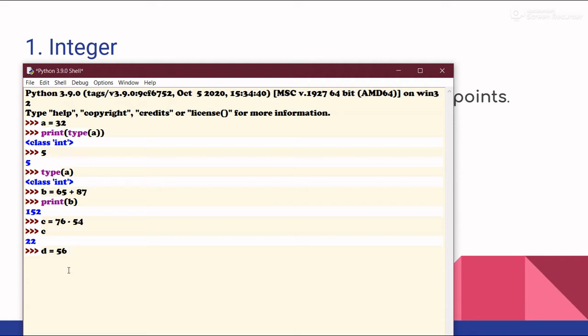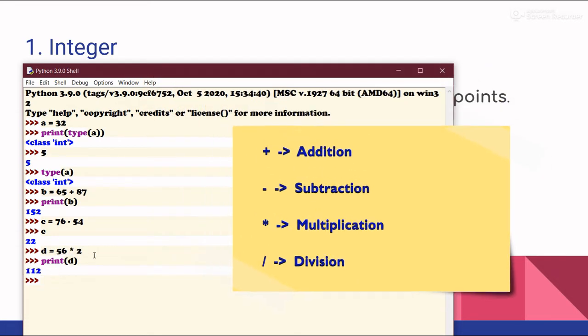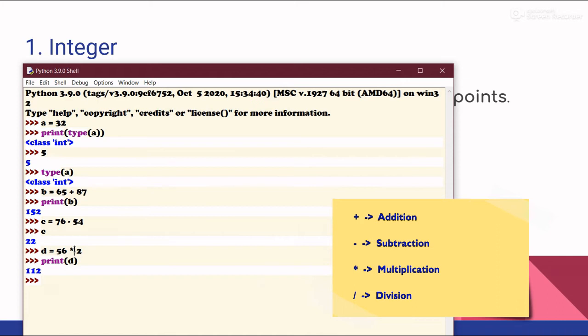Well, for multiplication, we use an operator that looks like a star on the keyboard. It's actually called asterisk. And let's say we want to multiply this by 2, and then let's do print d, and we got 112, which is absolutely right. So for multiplication, we use star or asterisk.